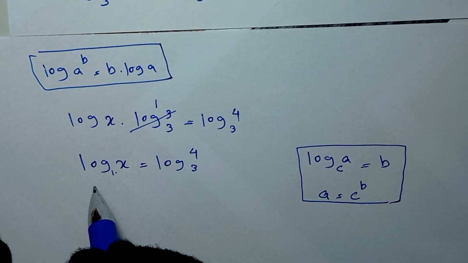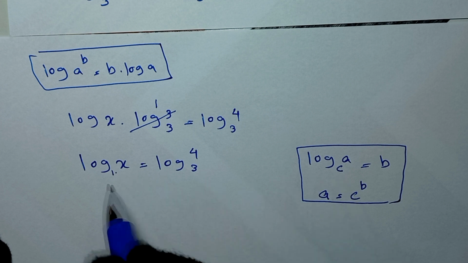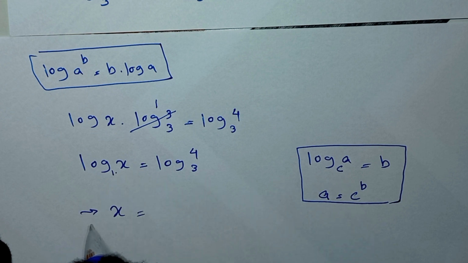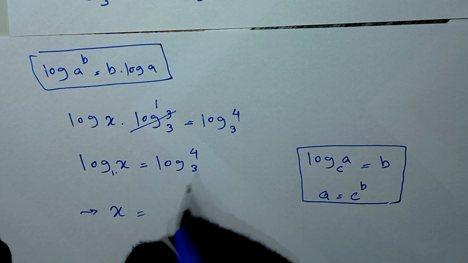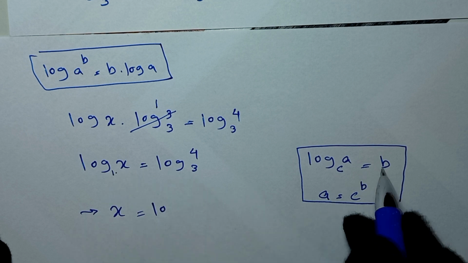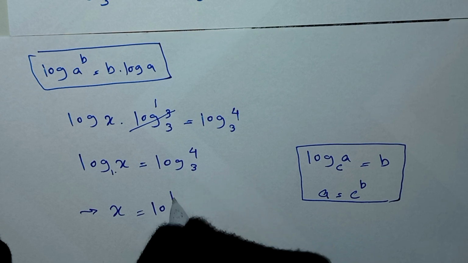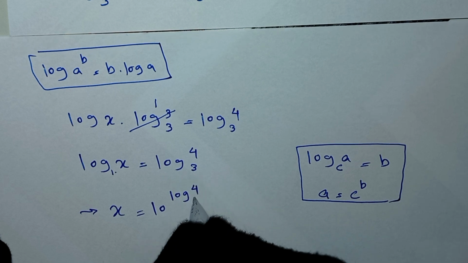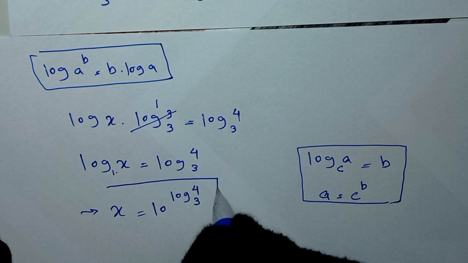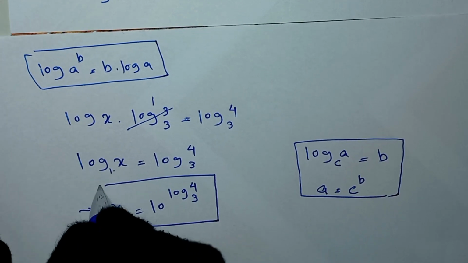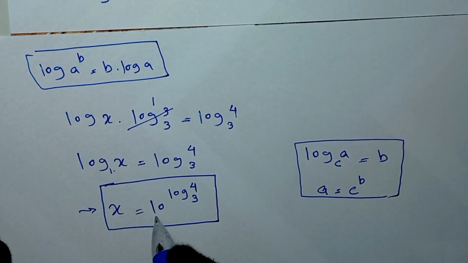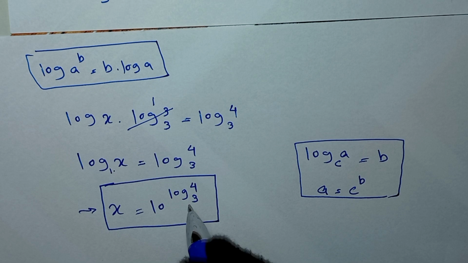The base is 10, so c is 10, and we can write x is equal to 10 to the power of b, and b is log base 3 of 4. So x is equal to 10 to the power of log base 3 of 4.